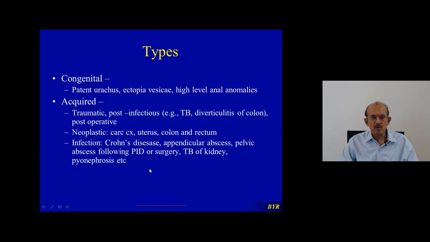Infections like Crohn's disease, appendicular abscess, pelvic abscess following pelvic inflammatory disease like salpingitis, or pelvic abscess following surgery, tuberculosis of the kidney, pyonephrosis, etc. These infections can cause communication between the urinary organs and the viscera or the skin.